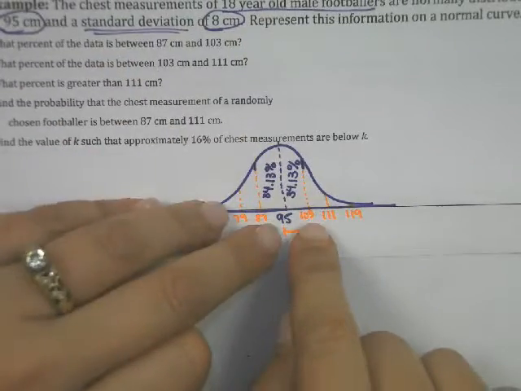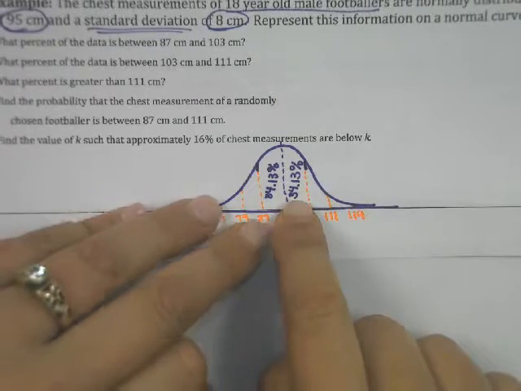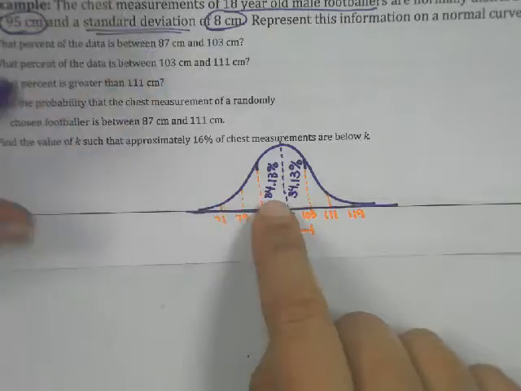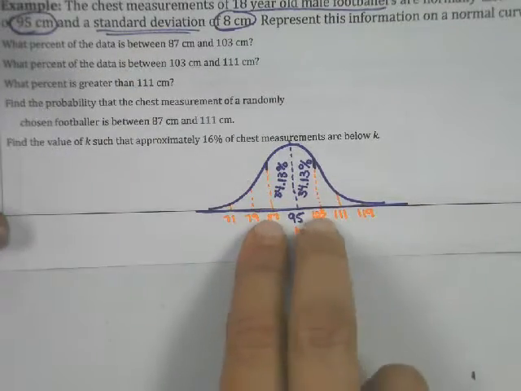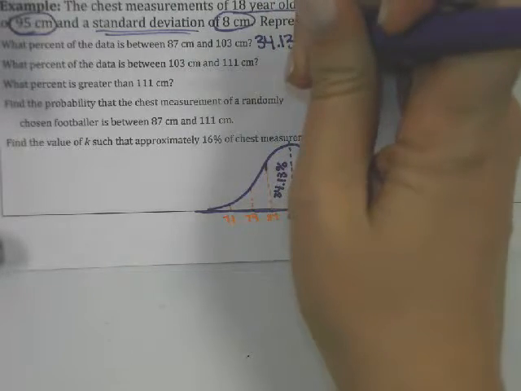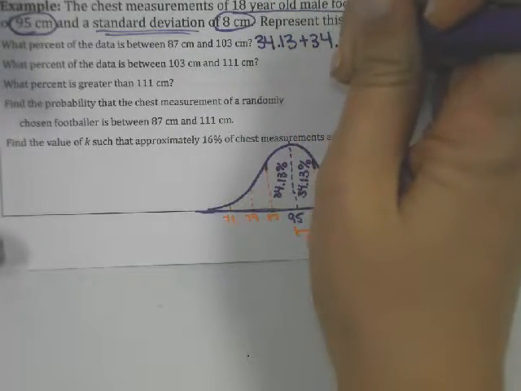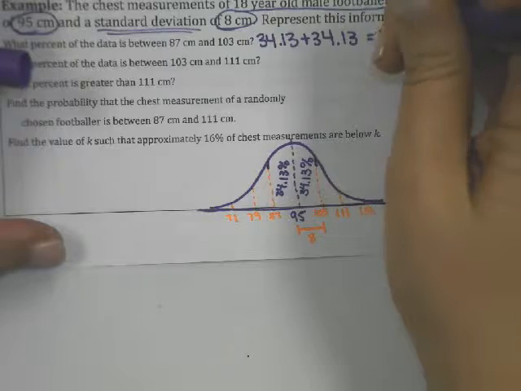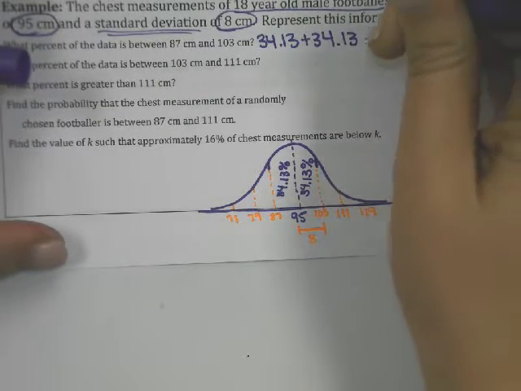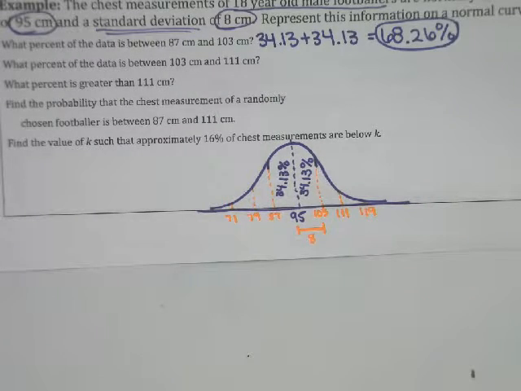That means between 95 and 103, it's 34%, and between 87 and 95, it's 34%. So the percent between 87 and 103 would be those added together, approximately 68.26%. So what percent of data is between 87 and 103 centimeters? About 68.26%.